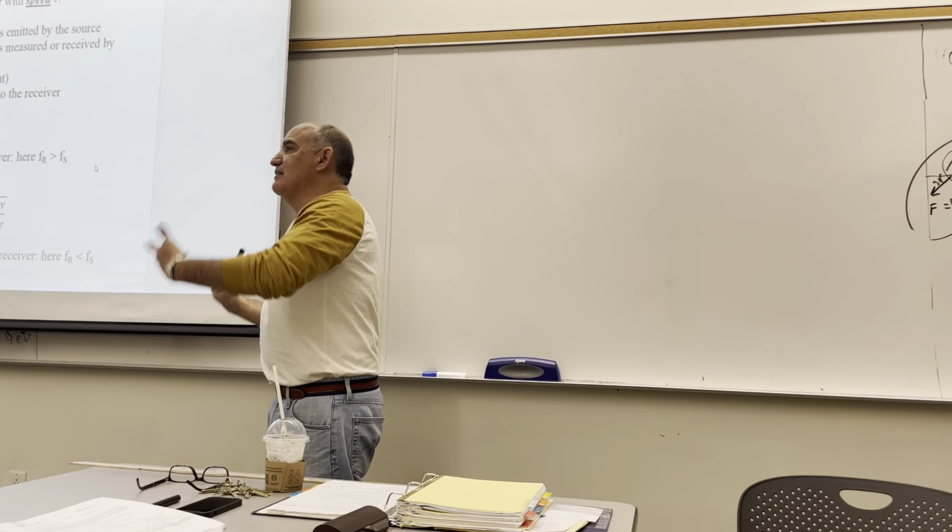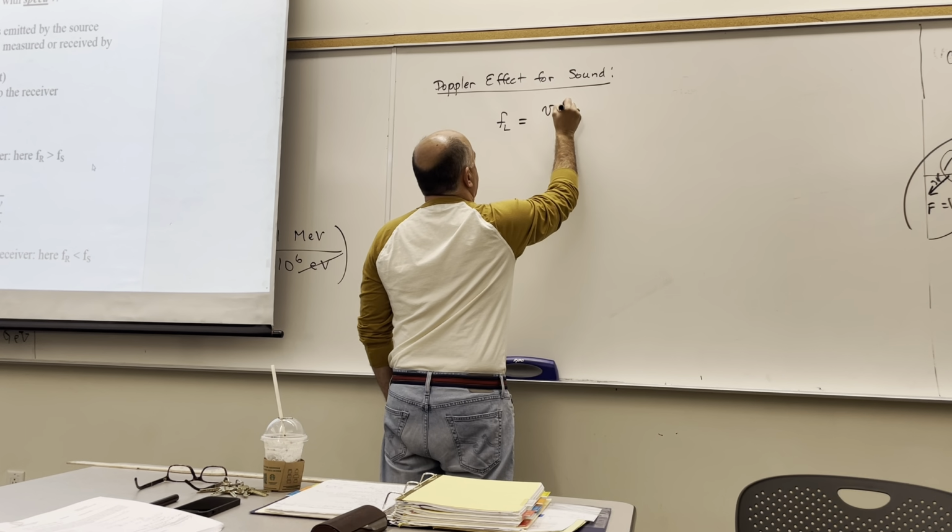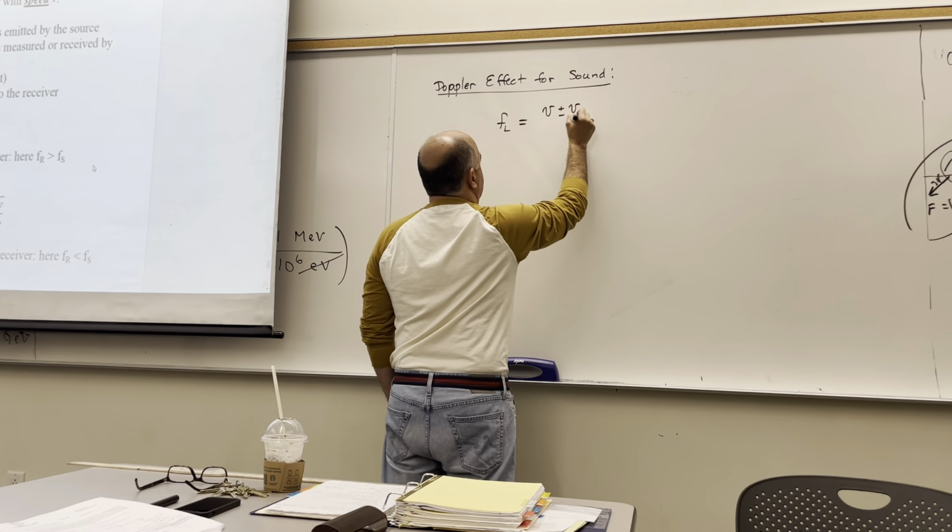So, you know, in the case of sound, this is the Doppler effect for sound. So you have, let's say, the frequency of the listener is equal to the speed of the sound plus or minus the speed of the listener, divided by the speed of the sound plus or minus the speed of the source of the sound, times the frequency of the sound.